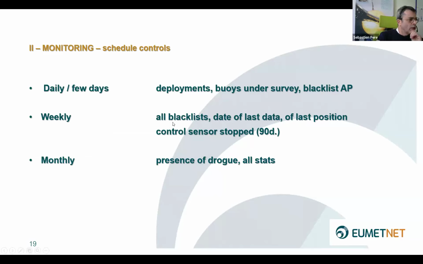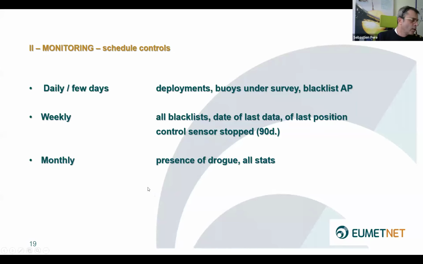Weekly, I control all blacklists, the date of last data or of last position, to check if a buoy is not ashore or just ended. And also I keep control, as I said, on sensors stopped during 80 days.